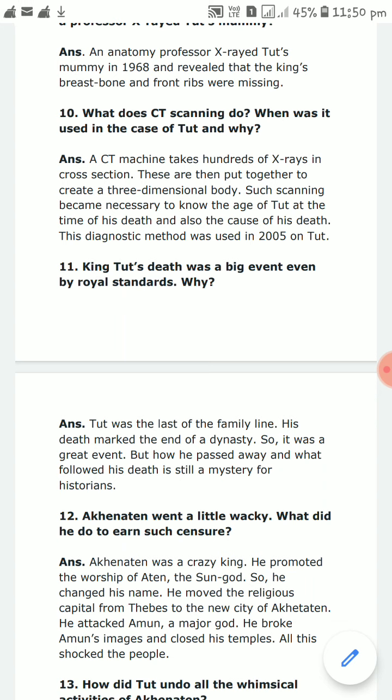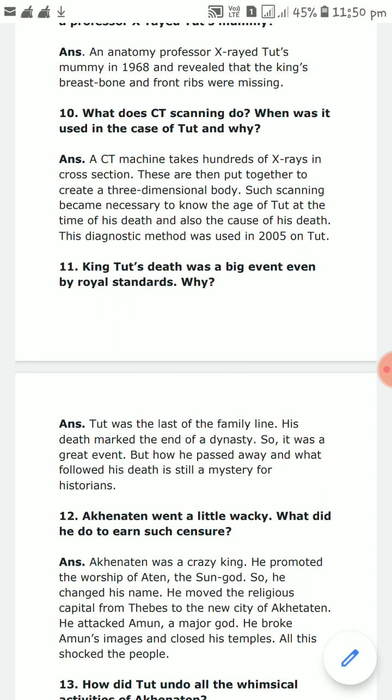Such scanning became necessary to know the age of Tut at the time of death. Now, ultimately, why has that 3D image been taken? The main reason was to know the actual age of Tut when he died.